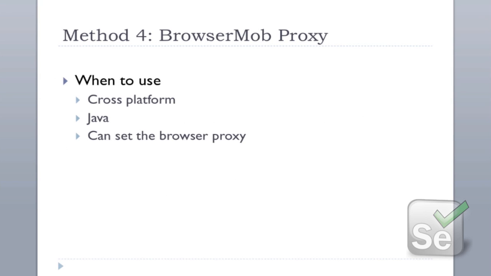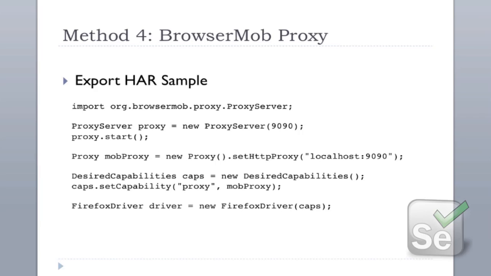So when would you use the BrowserMob proxy? Since it's in Java, if you're writing your test in Java, you'd probably want to use it because you've got direct control of it, and it's very easy to use that way. It's cross-platform, and you should use it when you can set the proxy on the browser. As in my previous slide, sometimes you're not able to set the proxy on the browser, depending on the browser.